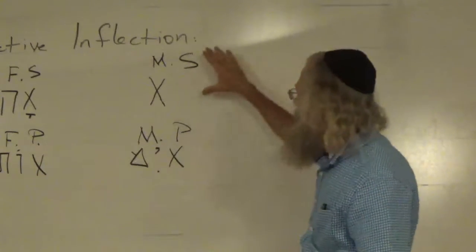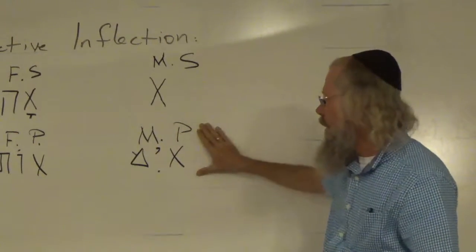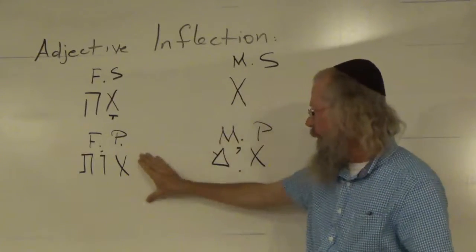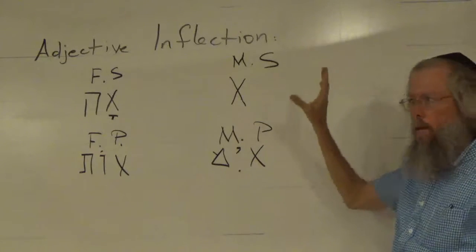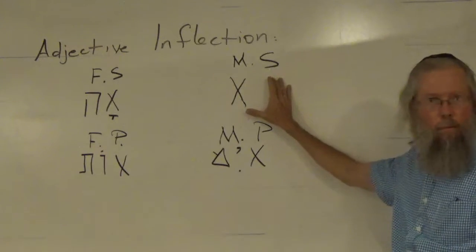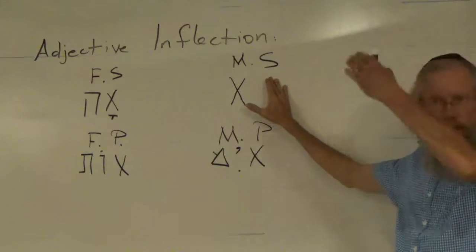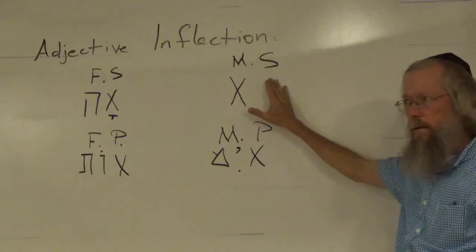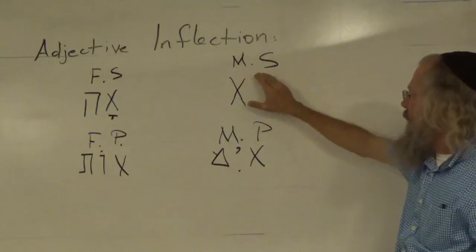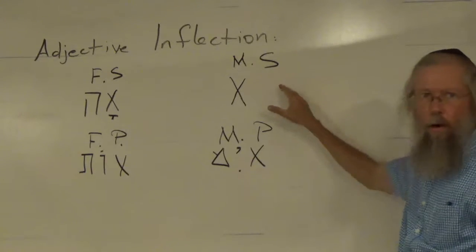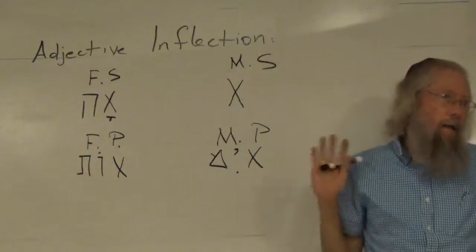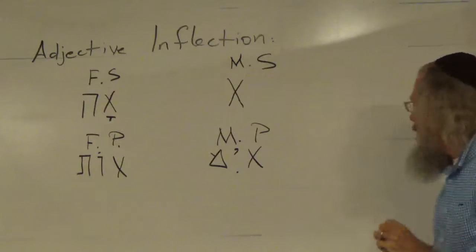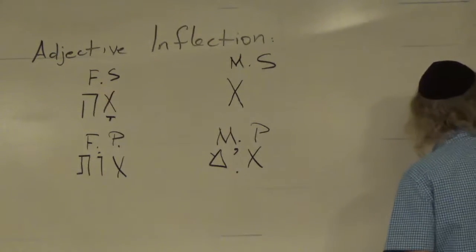Here you have masculine singular, masculine plural, feminine singular, feminine plural. The X represents any of the consonants. You can put any of the consonants in them. So masculine singular is going to end with whatever consonant, and that's it. As in Zar, as we were talking about.